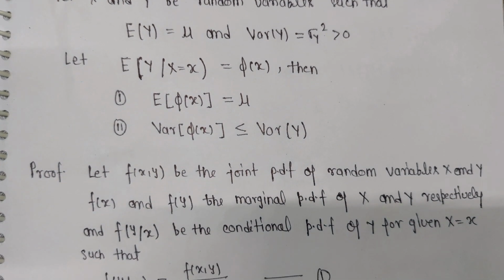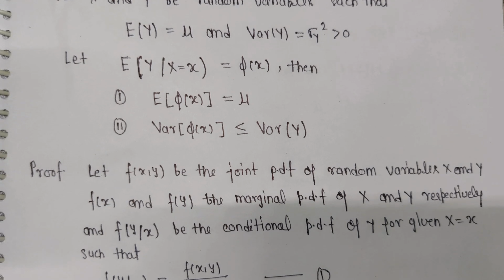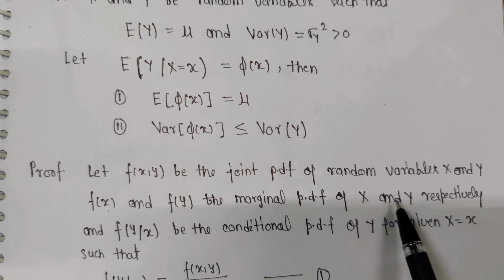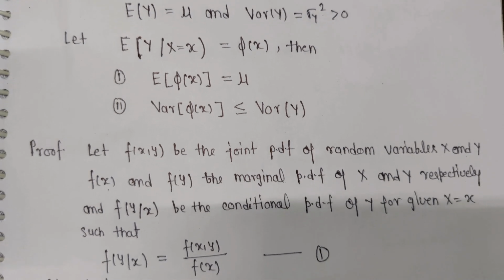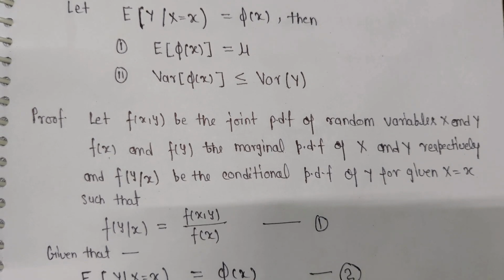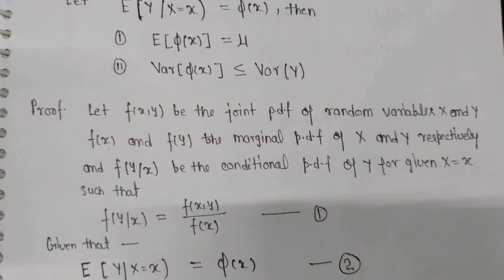Let f(x,y) be the joint probability density function of random variables X and Y. f(x) and f(y) be the marginal probability density functions of X and Y respectively, and f(y|x) be the conditional PDF of Y for given small x, such that f(y|x) is defined as f(x,y) upon f(x).